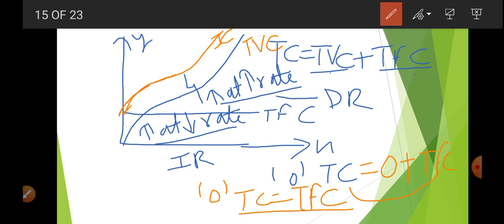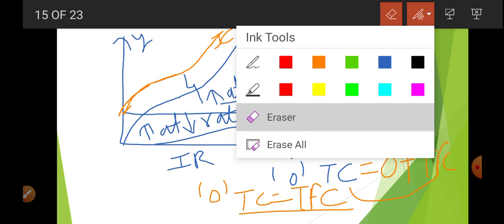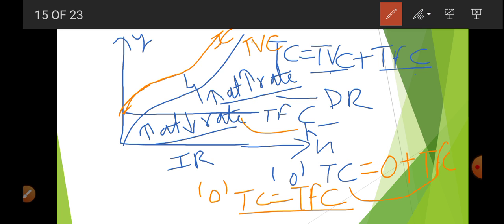Now, sorry, it is not a rectangular hyperbola curve, it is a horizontal straight line. And TVC and TC are inverse S shape curves, both increasing at a diminishing rate, then a constant rate and then an increasing rate.